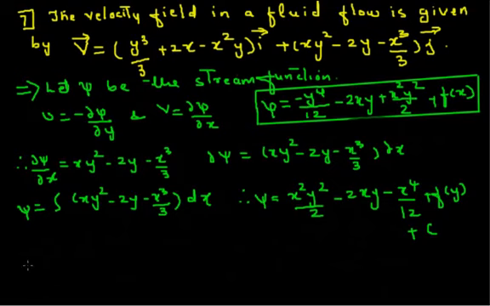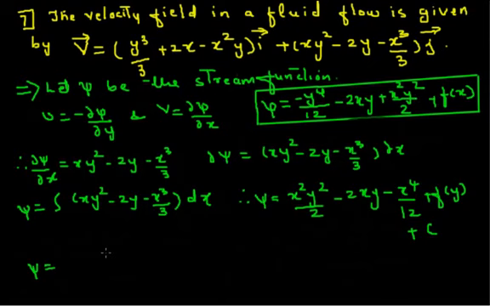That is, we'll write the final equation psi is equal to, now comparing this, we get f of y in this case is minus y to the power 4 by 12. Similarly, f of x here is minus x to the power 4 by 12. So these are the functions of x and y, and these two terms, minus twice xy and x square y square by 2, are common.